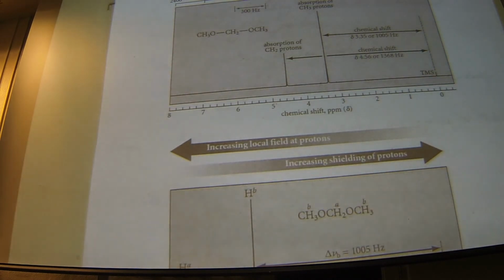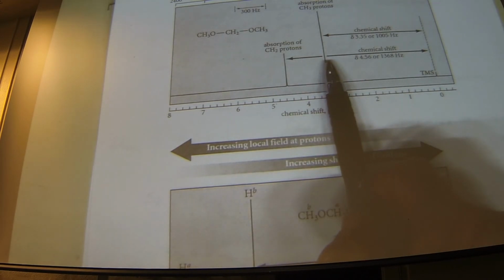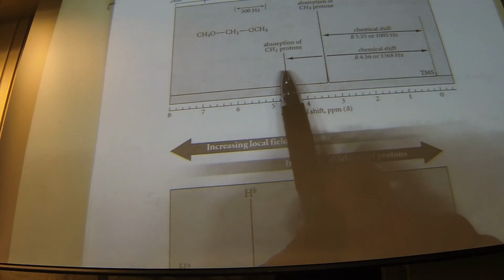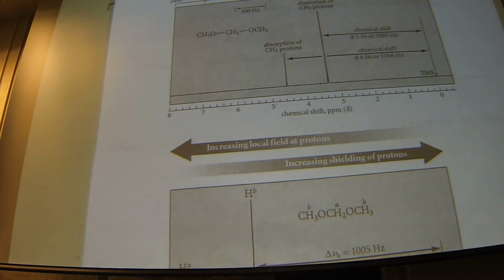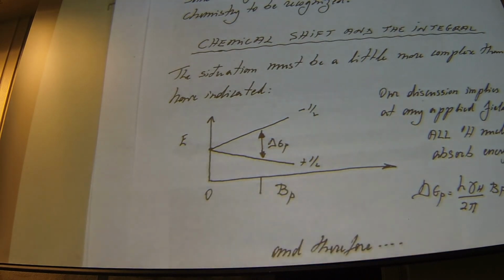If it requires higher frequency, what does that mean? Well, it means that the energy separation of the two spin states is greater. So greater energy separation here, smaller energy separation there. If this is a greater energy separation, then what does that tell me about the magnetic field? It means the field's stronger.